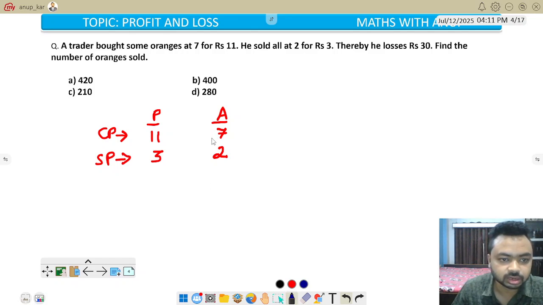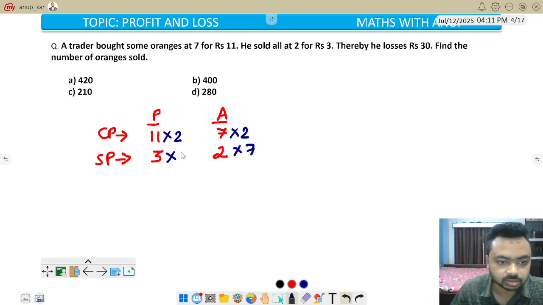For cost price 7 articles for rupees 11, we can multiply 7 by 2, and here also we multiply by 2. For the selling price we multiply here by 7.